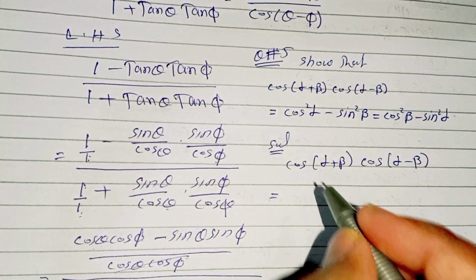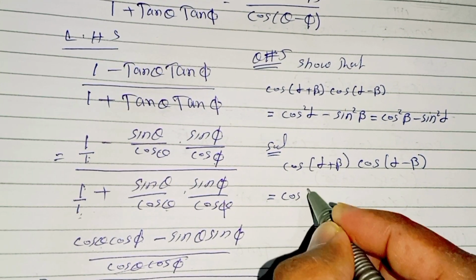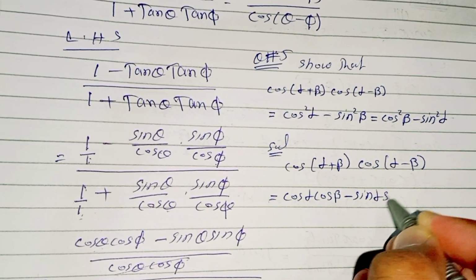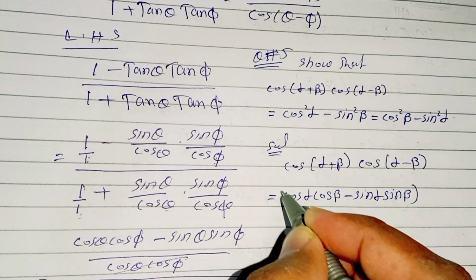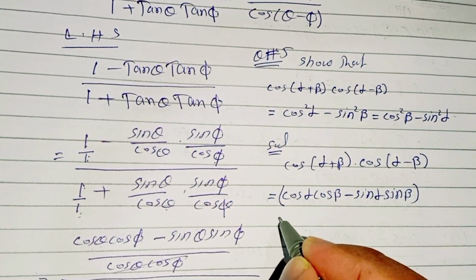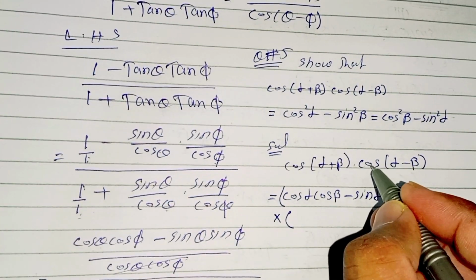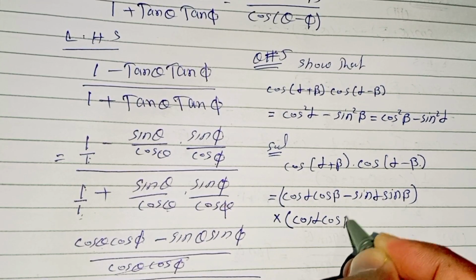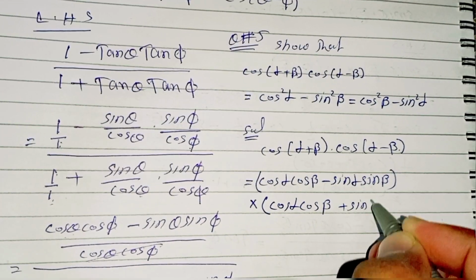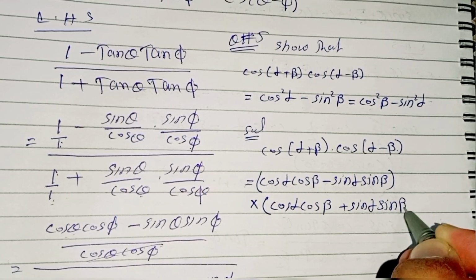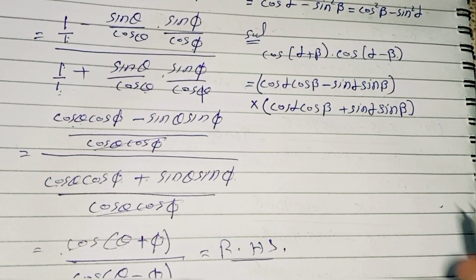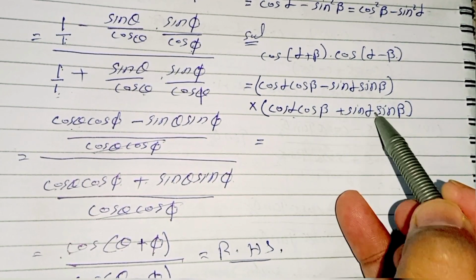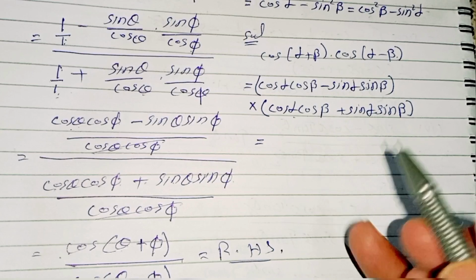Using the formula for cos of alpha plus beta, cos alpha cos beta minus sin alpha sin beta, and there is a multiplication sign between them, therefore multiply by cos of alpha minus beta, which becomes cos alpha cos beta plus sin alpha sin beta. Here we use the formula a minus b into a plus b becomes a square minus b square.